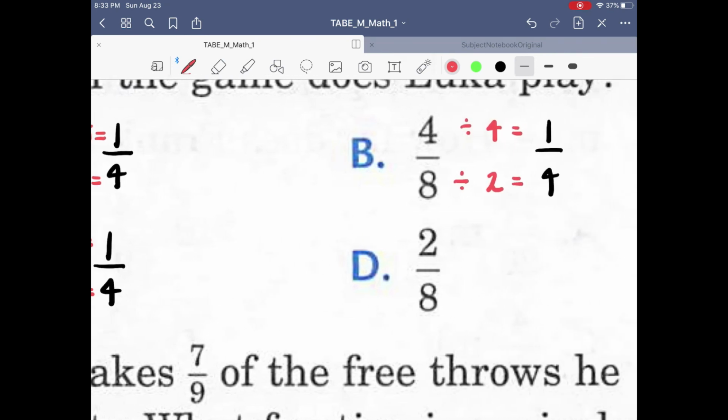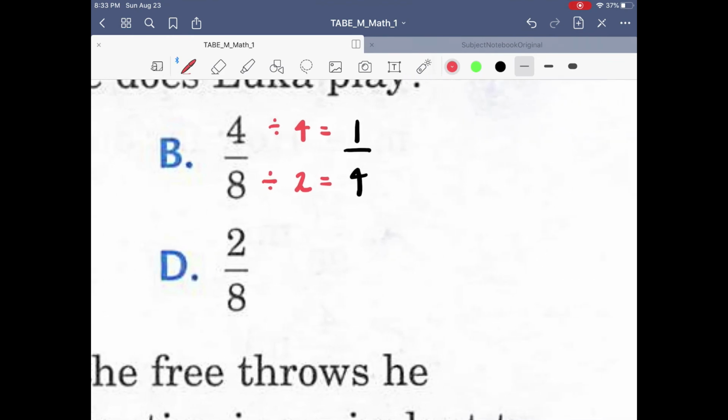I'm sorry, by 3. And those work, but they're not the same number, top and bottom. So it all hinges on this one. And sure enough, divide the top by 2 and the bottom by 2, and you will get 1/4. So the answer here is D.